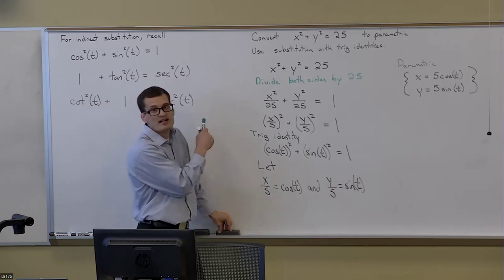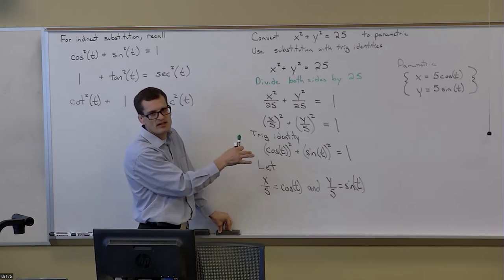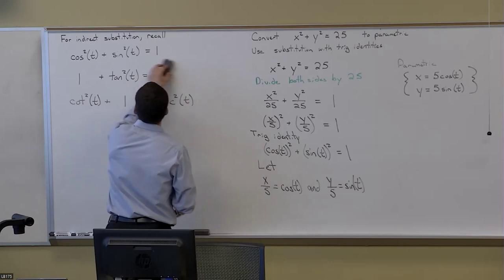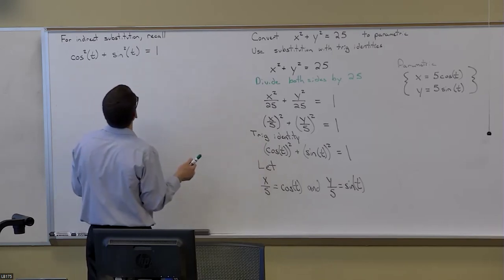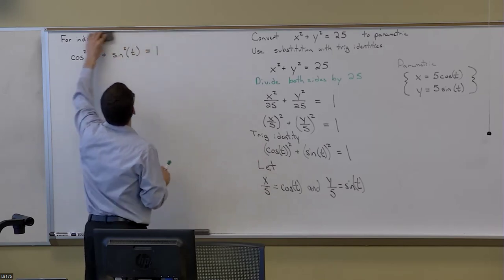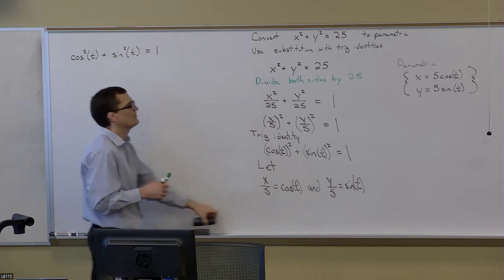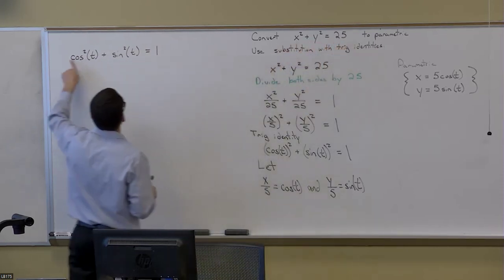So this is the main way to do it. This is the way I tend to do it. Okay. Another option you could have done is very, very similar. You could have started with this. Since we're adding things up and getting 25, I'm going to start with this.